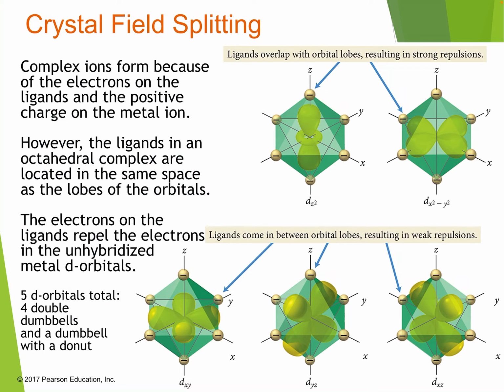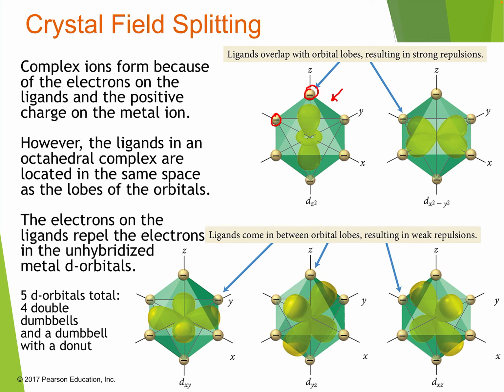This is our double dumbbell with a donut in the middle there, but all of the other ones are double dumbbells because they have 4 lobes. All of these negatives are the ligands, because if you'll recall, our ligands are going to donate their electrons to the metal ion. So we're representing the ligands with these negative charges, essentially electrons.